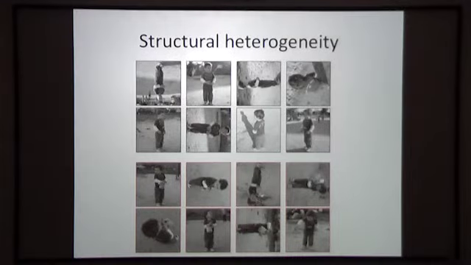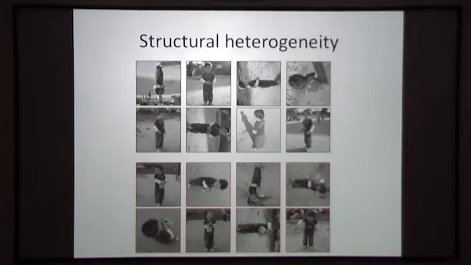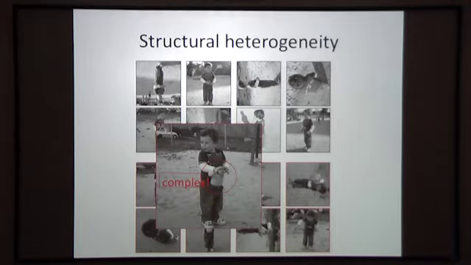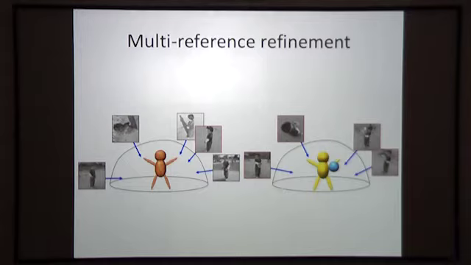Okay, so then there is the thing of structural heterogeneity in 3D as well, where you've done 2D classification. We can also do 3D classification, and the example here is Jan with his favorite cofactor. So this is uncomplexed Jan, and this is complexed Jan. We now have projections of these two states of Jan in different orientations, and basically we do again the same as in the 2D multi-reference.